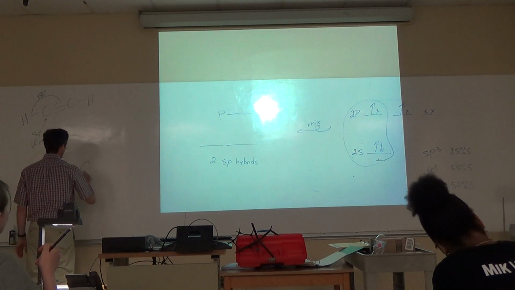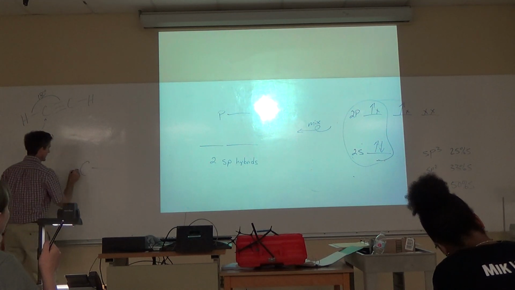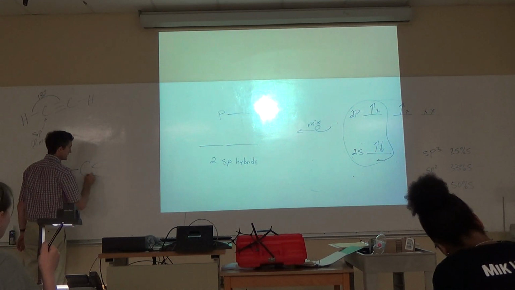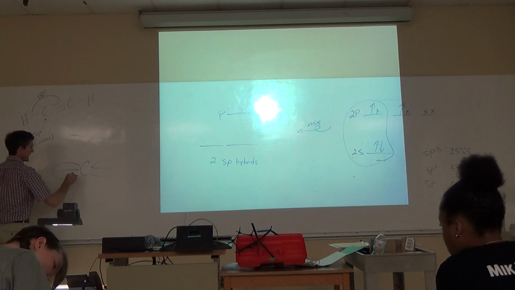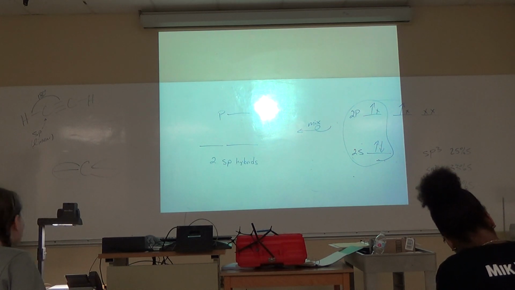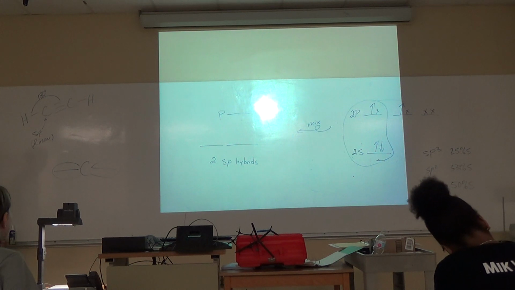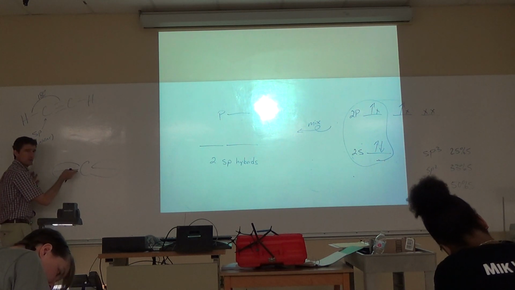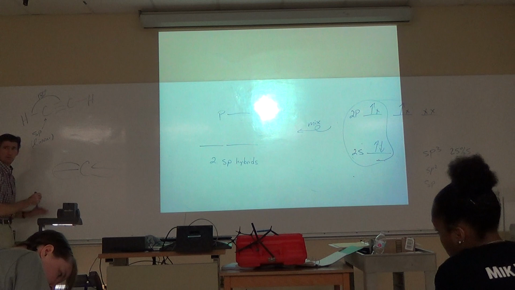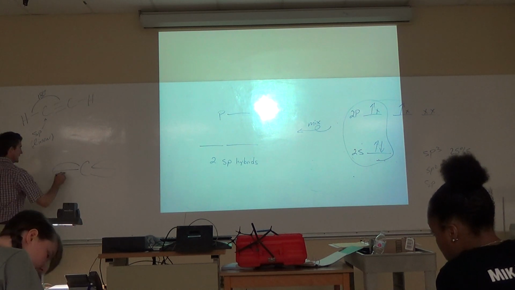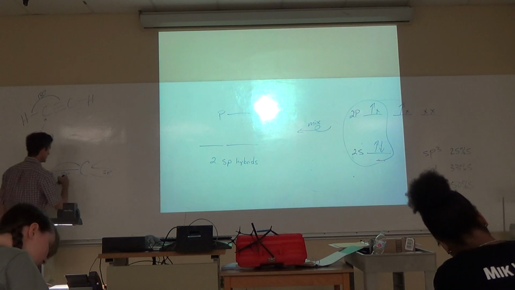Okay, we got a carbon. Linear. Okay, here's a hybrid. Here's a hybrid. That looks like a P. Almost, but it's really two hybrids. This has a back lobe that I didn't draw. That has a back lobe I didn't draw. They're just positioned linear. This is an SP. That's an SP. What is this interacting with?